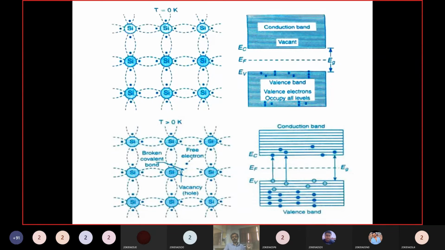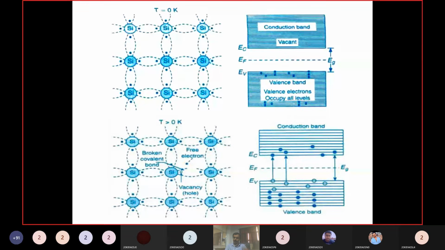In insulators, the energy gap is greater than 3 electron volts. So based on the band gap, materials are classified into three types, which we already discussed.